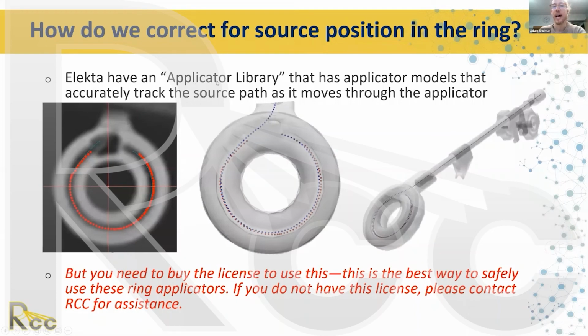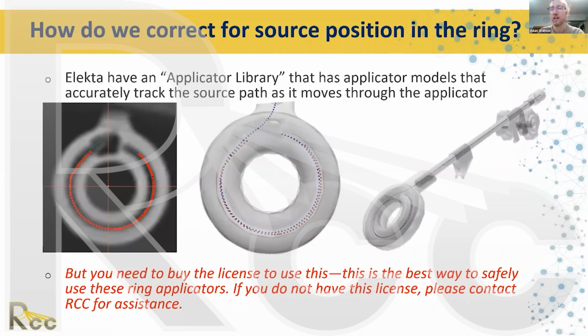So Elekta has an applicator library that has applicator models that accurately track the source path as it moves through the applicator. So even more advanced than the Varian system. It has a model that actually shows where the dwell positions are, but you need to buy this license to use it. Now, the process of not using a model file is a little bit complicated and it's tricky.